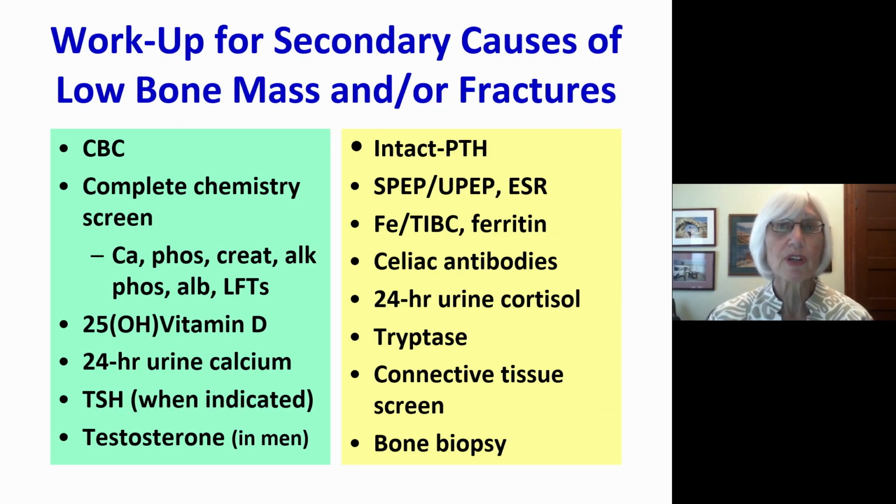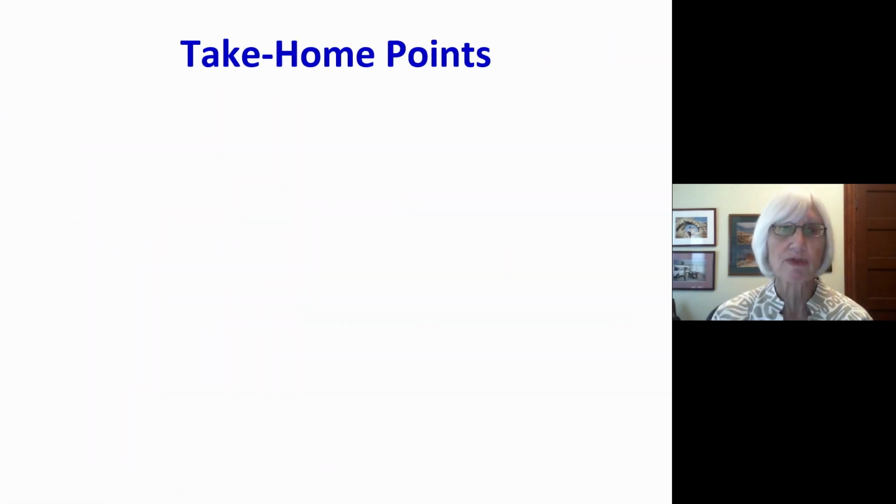The workup for secondary causes of low bone mass and fractures, generally everything on this green slide, I would consider a minimum workup. And then these other things, PTH, SPEP, UPEP, ferritin, celiac, cortisol, can be done if the clinical suspicion is there. But I consider these to be the basic workup for anyone with significantly low bone mass and/or fractures.